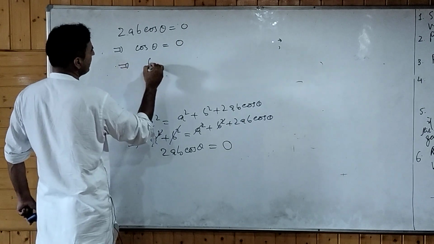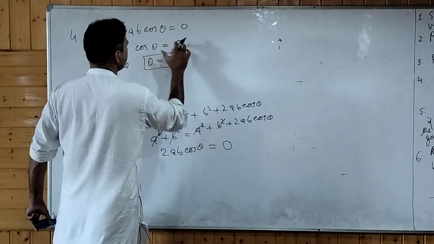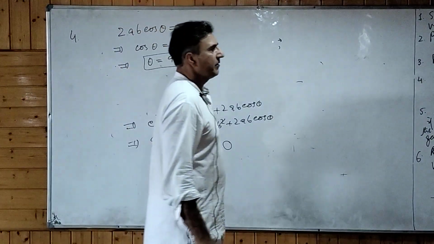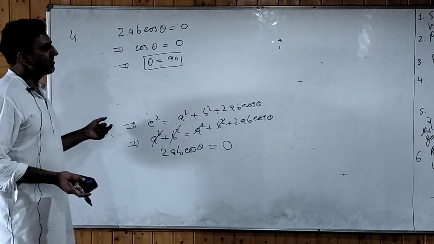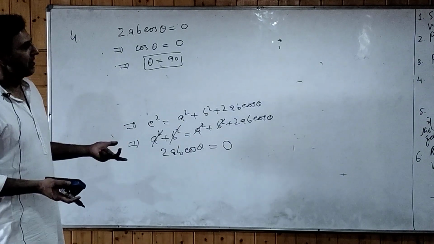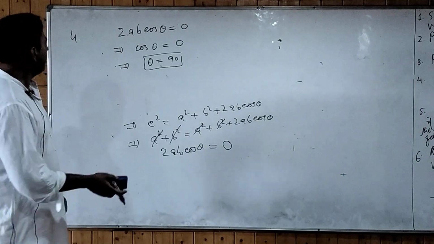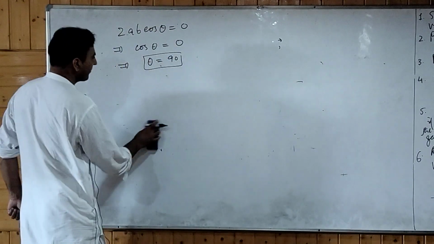That will make theta equal to 90 degrees, because you know cos of 90 is 0. That's the answer. We have solved the problem, or you may call it just an objective, which may be likely to be asked in some exams at the national level.